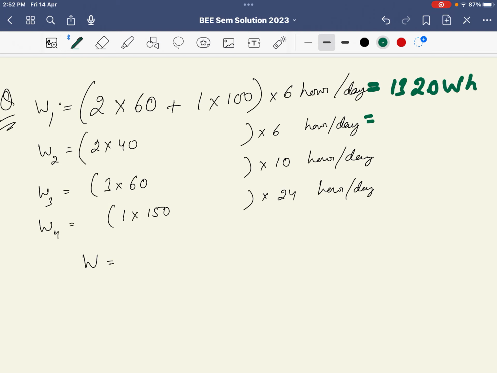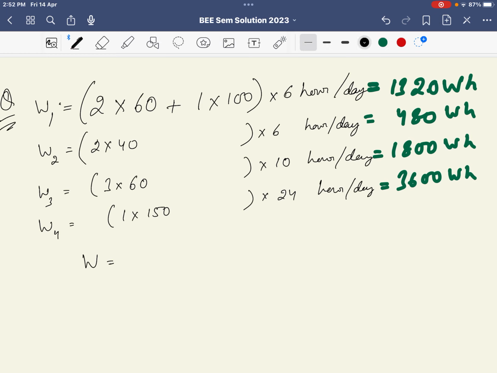Then 2 into 40 into 6 is 480 watt hour. The third one is 3 into 60 into 10, that is 1800 watt hour. And the last one is 24 into 150, that is 3600 watt hour.